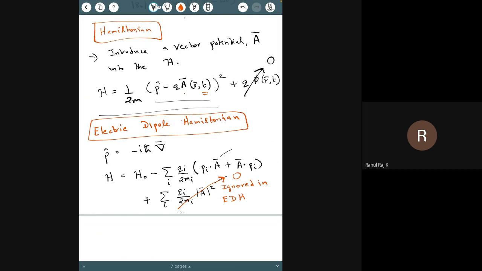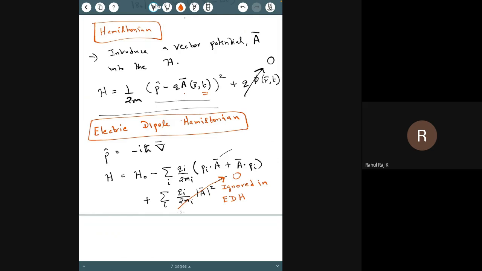So you don't expect nonlinear effects. However, if you have very intense laser lights or something like this, then you cannot ignore this anymore. But for normal light, almost up to X-ray, like just before X-rays, you can neglect this A square term.